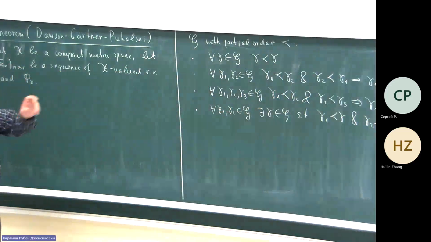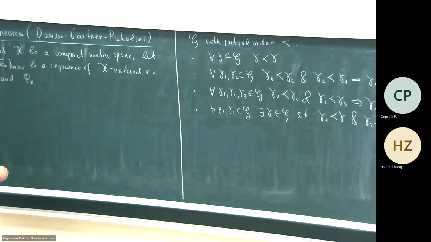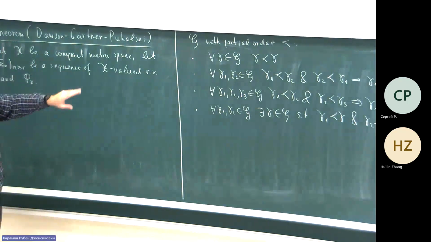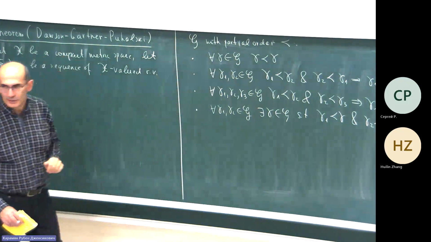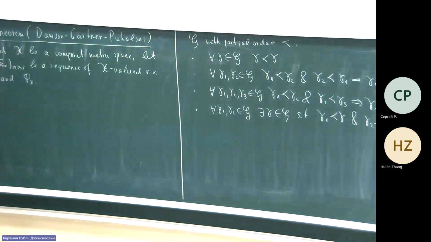Again, if you consider the case of finite subsets, it is true. Just take the union. Now I have two objects, a compact metric space and a set G with partial order, which means that these four properties are satisfied. Now let's come back to the theorem.